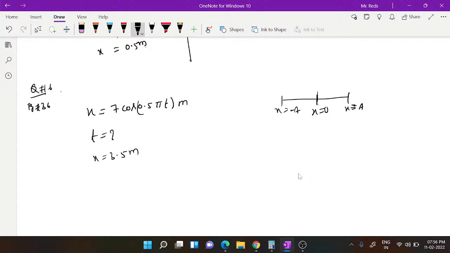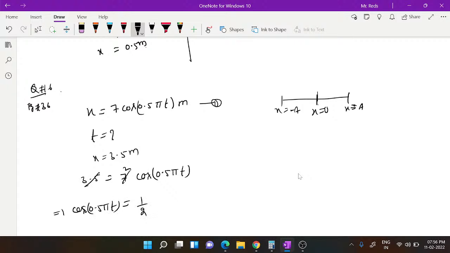So you have to write 3.5 is equal to 7 into cos 0.5 pi t. So 3.5 is 7 by 2, and you can write cos 0.5 pi t is equal to 1 by 2.